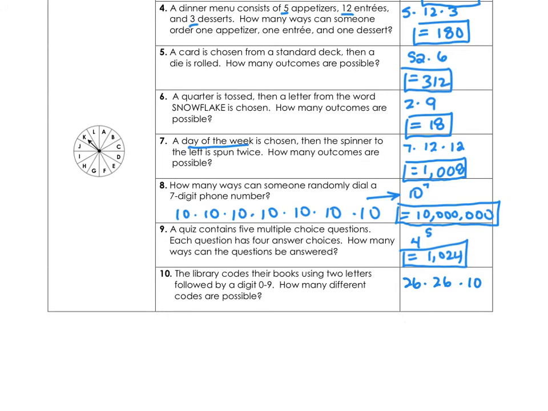I understand it's confusing. 10 is not one of the values, but there are actually 10 single digits when you consider 0 as one of those single digits. So if we did 26 times 26 times 10, you're going to end up with 6,760 possible ways to put labels on those library books.